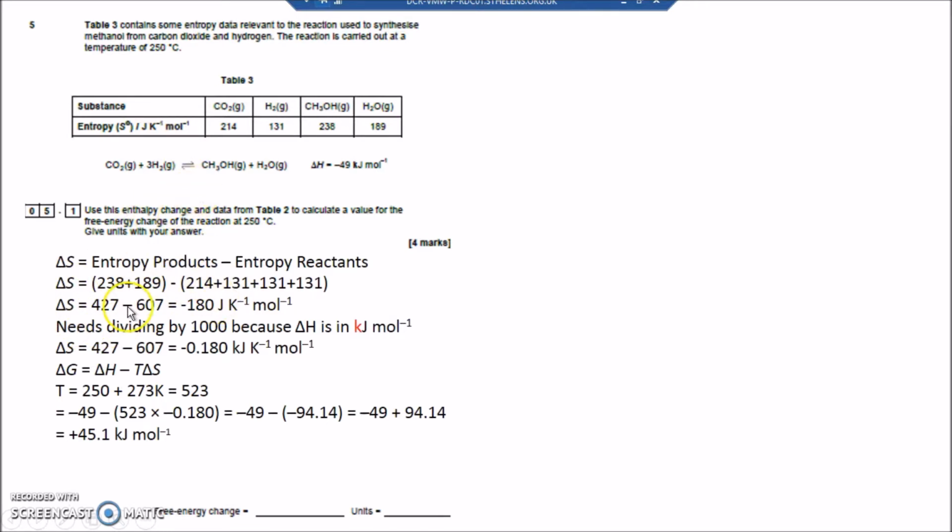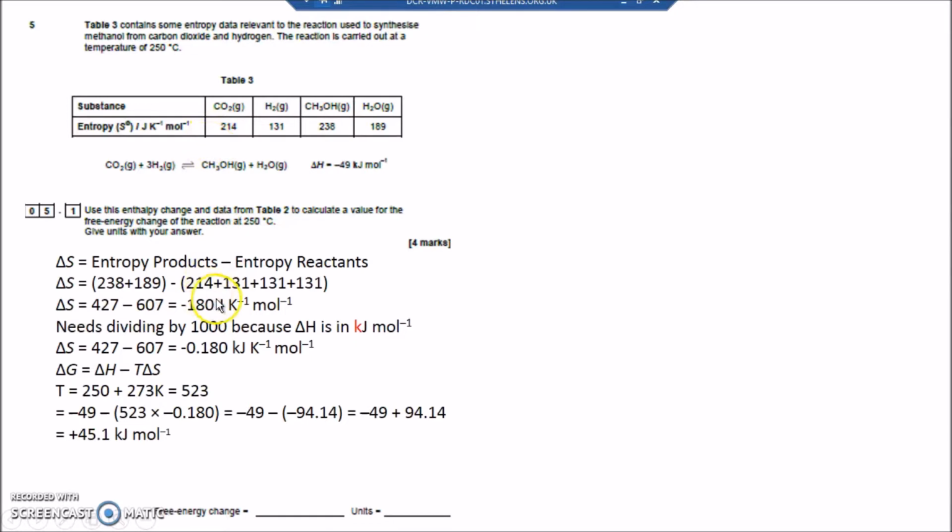Now then, it needs you to work out delta G. So that's what it's actually asking for. It's asking for the Gibbs free energy change, delta G, which is delta H minus T delta S. So I've got delta H here, but that's in kilojoules per mole, and my units of entropy are in joules per Kelvin per mole.